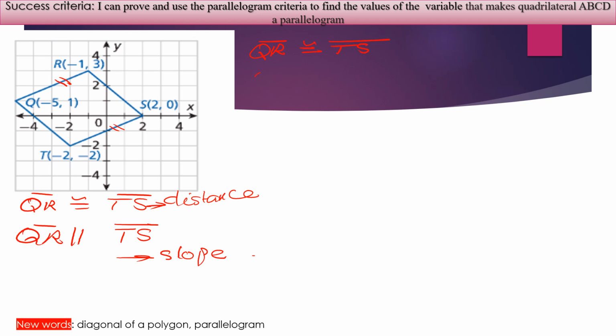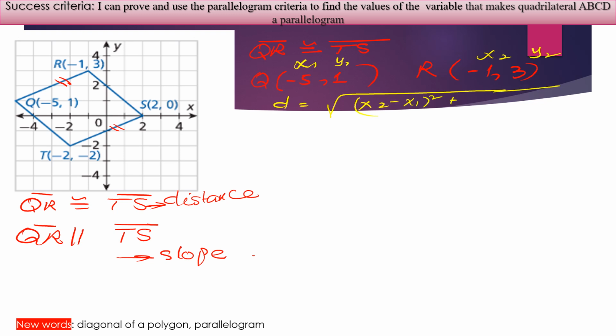So what are the coordinates of Q? Q is minus 5 and 1 and R is negative 1 and 3. Name them as x1, y1 and x2, y2. Use the distance formula, which is the square root of (x2 minus x1) whole square plus (y2 minus y1) whole square.